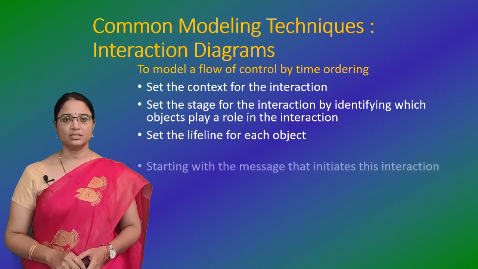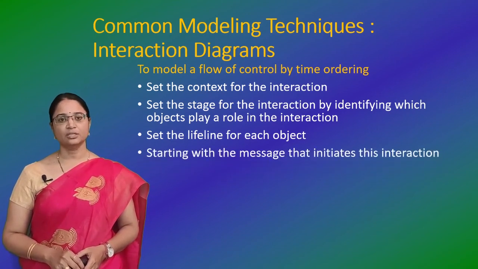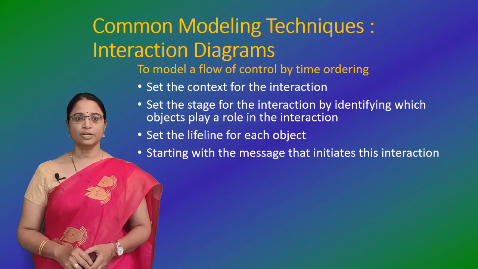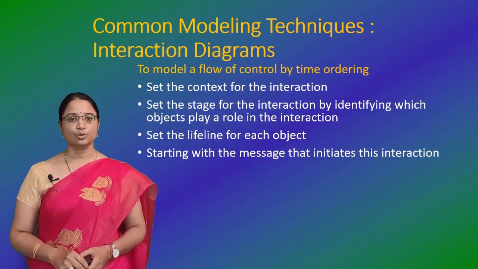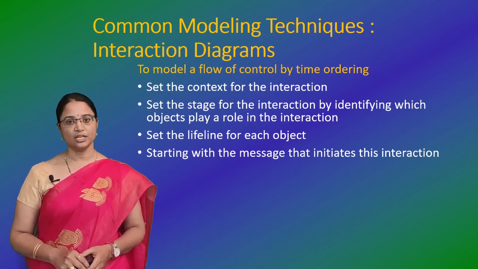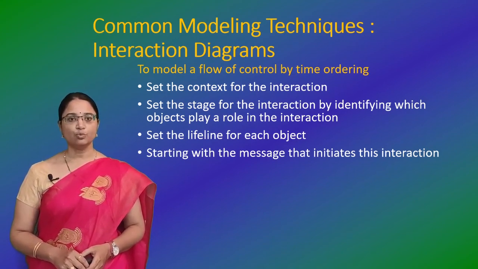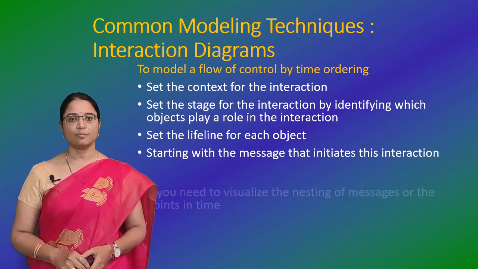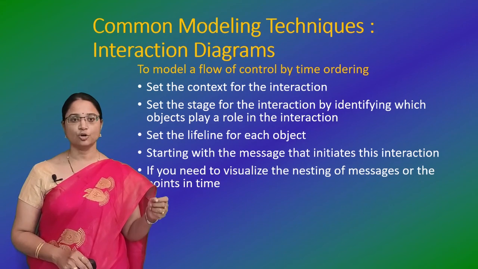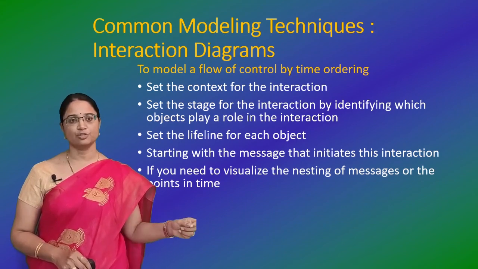Starting with the message that initiates this interaction, lay out each subsequent message from top to bottom between the lifelines. Show each message's properties as necessary to explain the semantics of the interaction. If you need to visualize the nesting of messages or points in time when actual computation is taking place, decorate each object's lifeline with its focus of control.